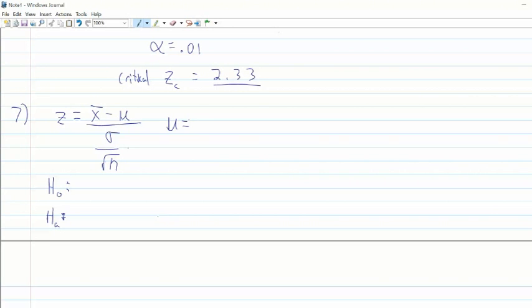To do that, we need to say, would the mean not be equal to 95 hours? And so the opposite of that would be that the mean is equal to 95 hours. From the sample, we were given that X bar, or the mean, was 94 hours.